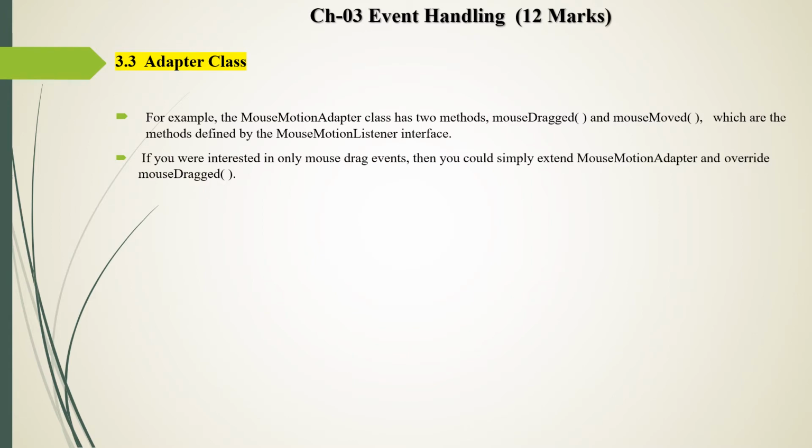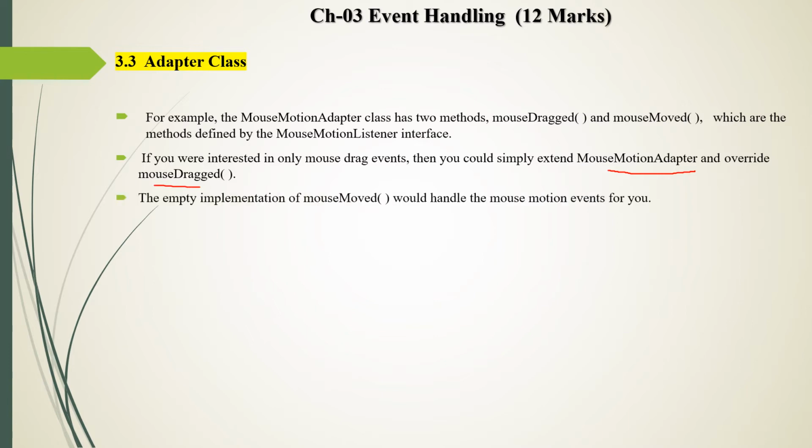If you are interested in only the mouse drag event, then you can simply extend MouseMotionAdapter and override the method mouseDragged. MouseMotionAdapter has two methods, mouseDragged and mouseMoved, but we only want to execute mouseDragged. So your class extends MouseMotionAdapter and overrides the mouseDragged method. Then the empty implementation of mouseMoved would handle the mouse motion event for you.